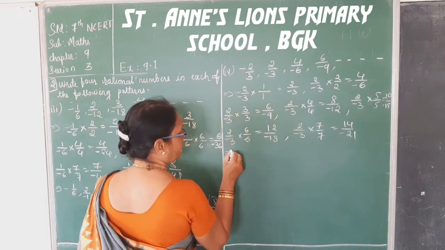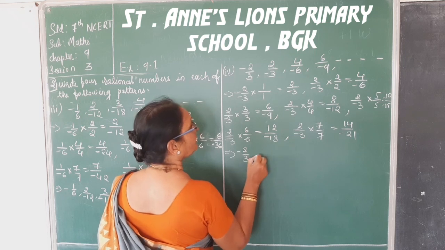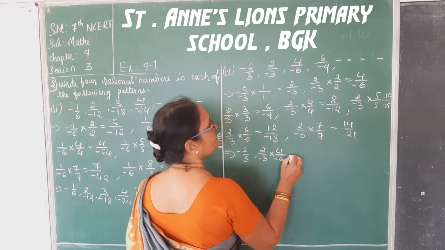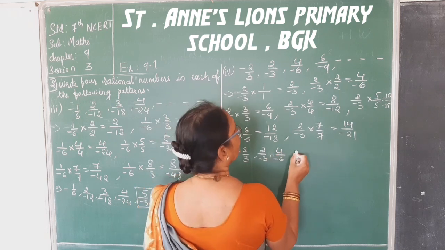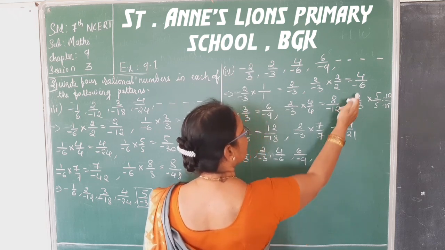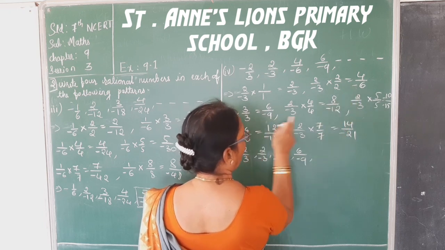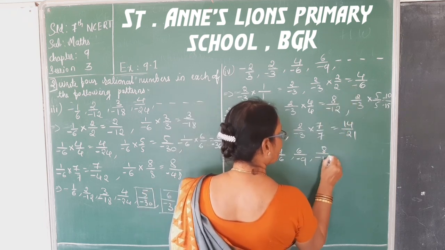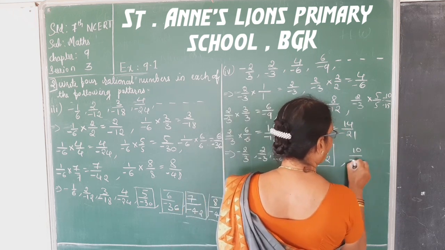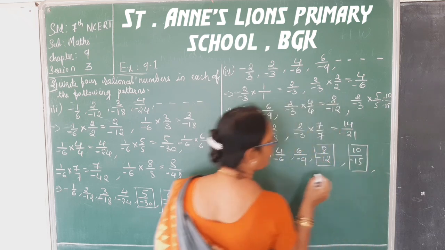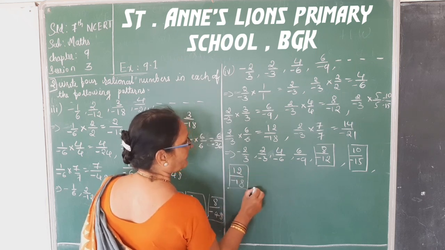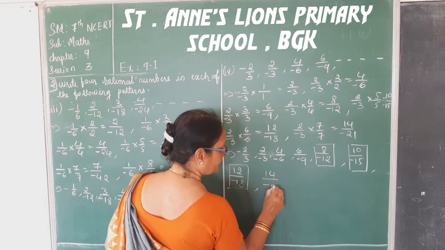Therefore the required pattern is minus 2 by 3, 2 by minus 3, 4 by minus 6, then 6 by minus 9, then 8 by minus 12, then 10 by minus 15, then 12 by minus 18, and then 14 by minus 21.